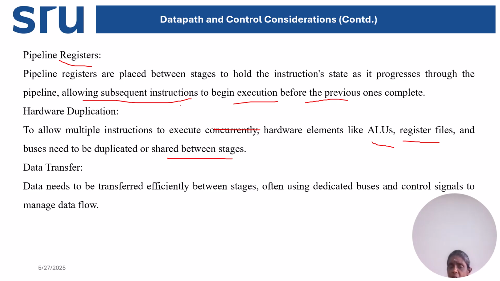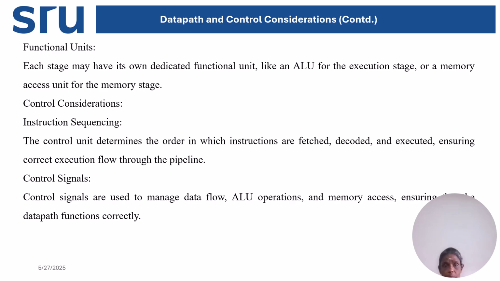Data needs to be transferred efficiently between the stages, often using dedicated buses for data transfer and a dedicated bus for control signals to manage the data flow direction. And then functional units. Each stage may have its own dedicated functional unit, like an ALU for the execution stage or a memory access unit for the memory stage.